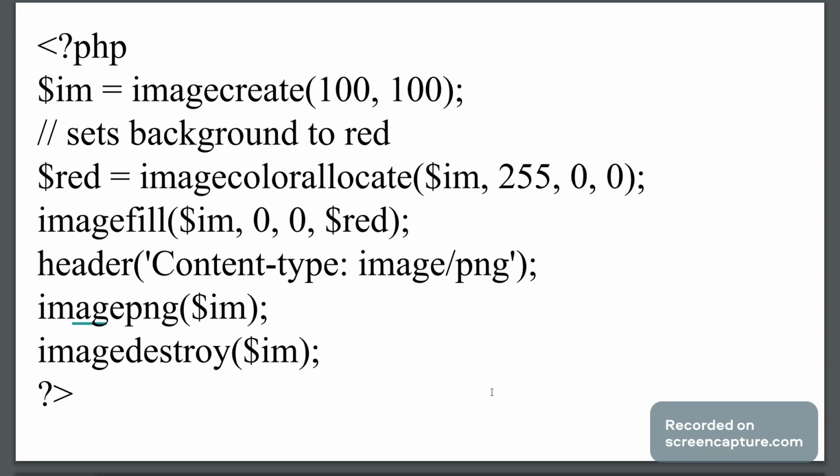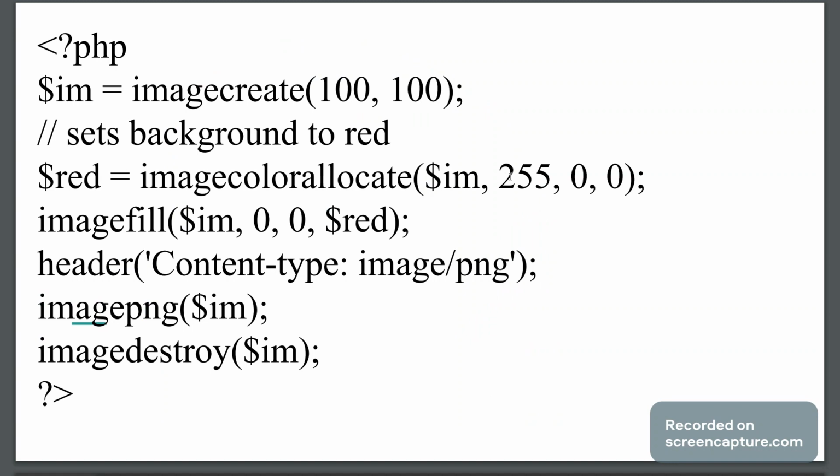Now create an image of 100. I am creating a blank canvas on the web page with imagecreate having width of 100 and height of 100. I want that to be filled with red color. So I am creating a color with the imagecolorallocate function, a dark red color.